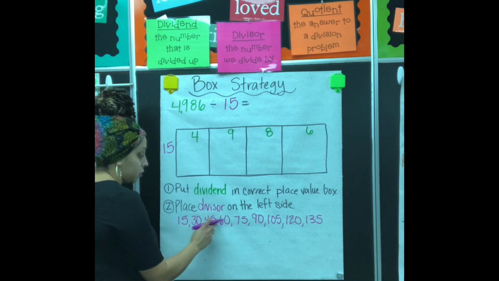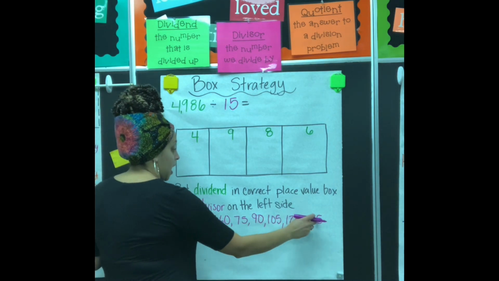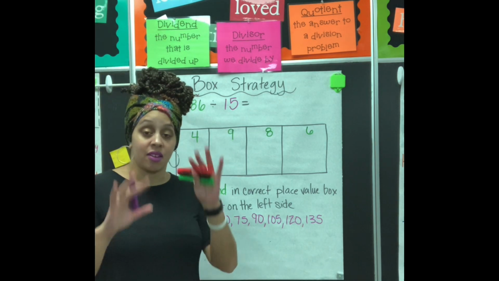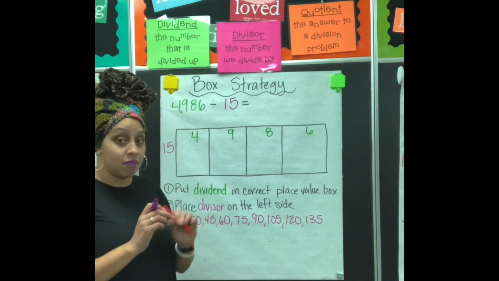That's 1, 2, 3, 4, 5, 6, 7, 8, 9. I do not need 150 because that's 10 and I can't have 10 in one place. I can only have 9.